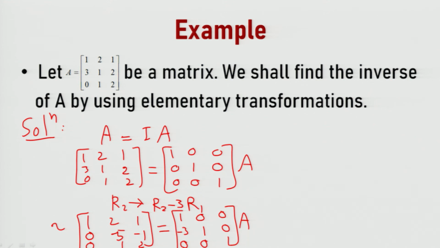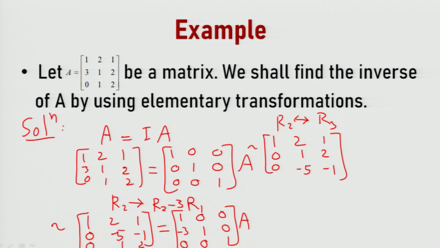Now, if we want to make this element 1, we interchange R2 with R3. Then on the left side, the first row will not change, 1 2 1, then 0 1 2, and then 0 minus 5 minus 1.